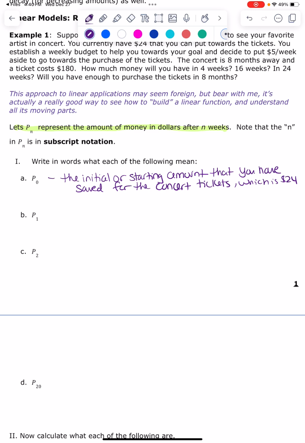And then P sub 1 would be the amount of money after 1 week. P sub 2 would be the amount of money after 2 weeks.